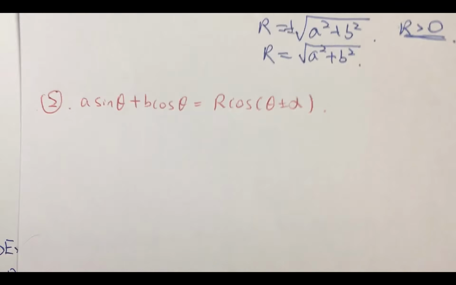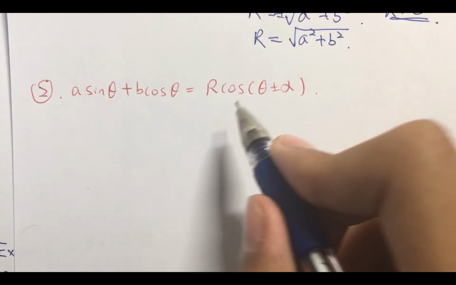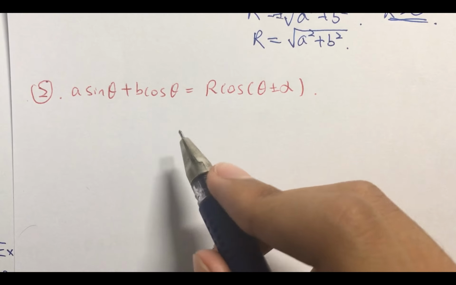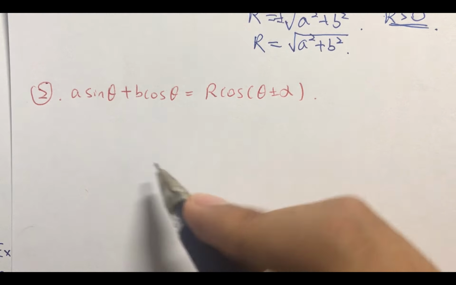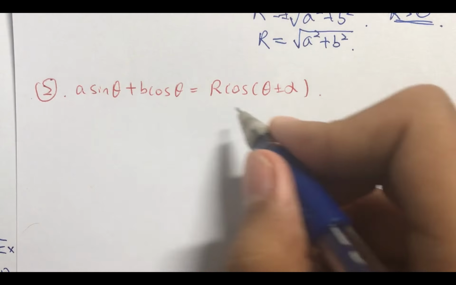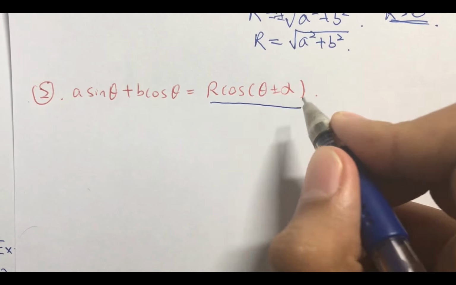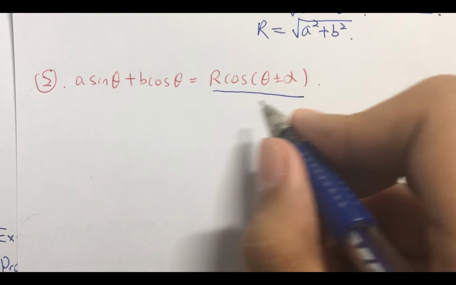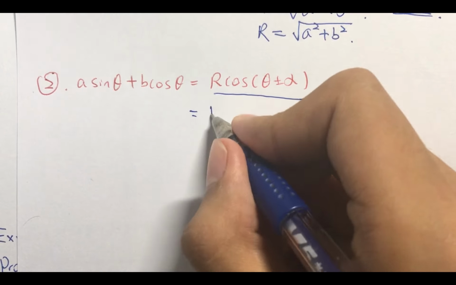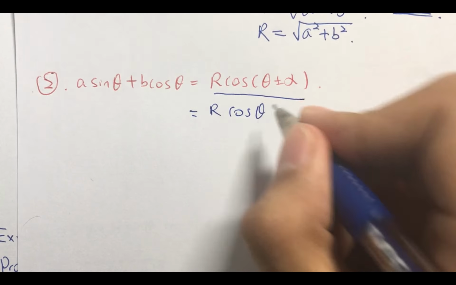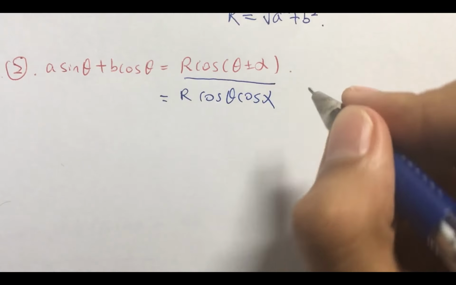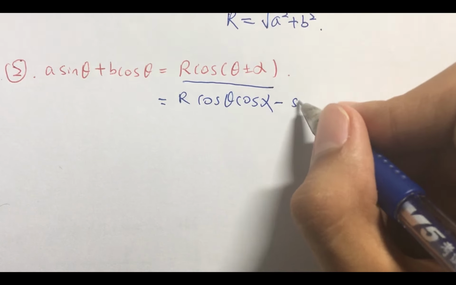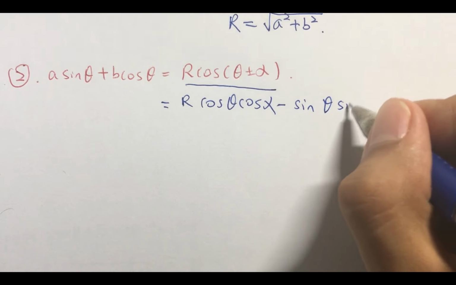Now you can do the same thing for cosine theta plus alpha. Let's do the same thing: expand cosine of theta plus or minus alpha, which becomes r cosine theta cosine alpha minus r sine theta sine alpha.